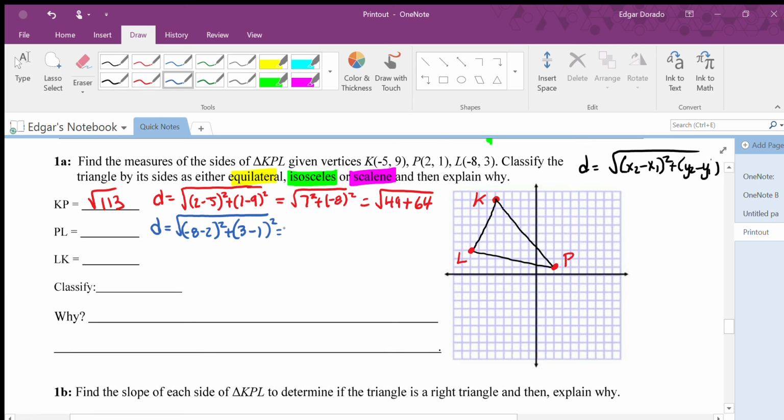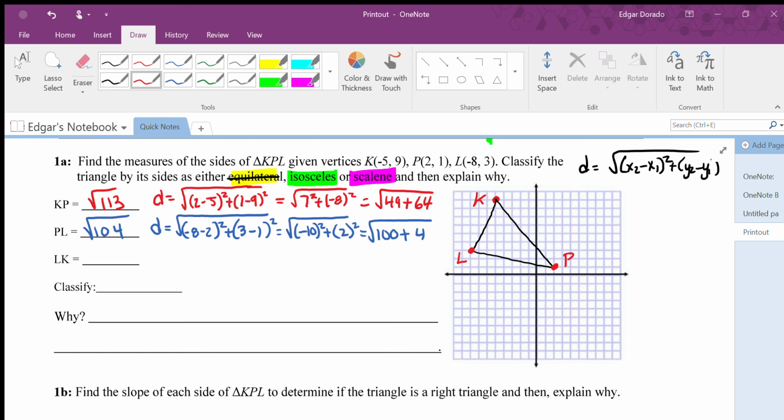So this is going to be negative 10 squared plus 3 minus 1 is a positive 2 squared. Negative 10 squared is 100. 2 squared is 4. So this is going to give me 104. So right away I know for a fact I cannot have an equilateral because those two aren't even the same. We could possibly still have an isosceles though, so let's find the length of LK.